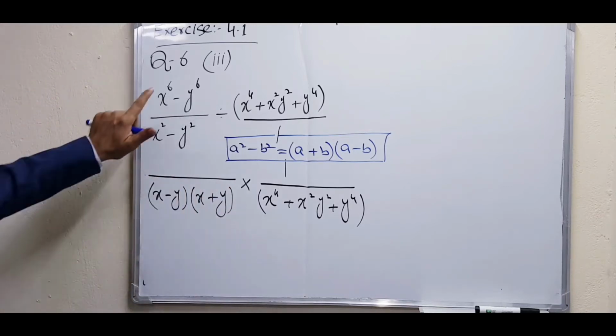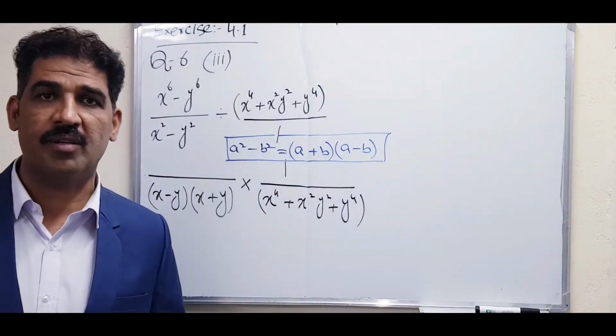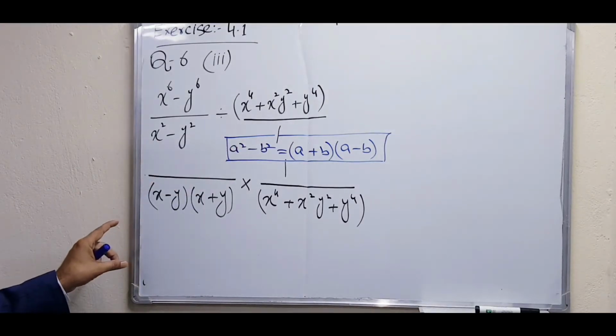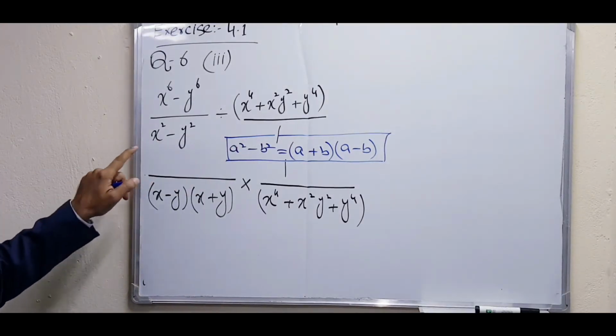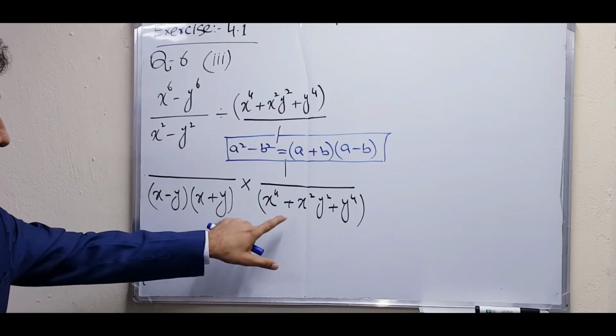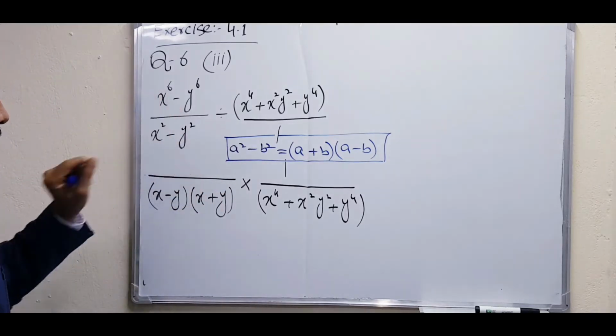Finish. Here you can apply the two formulas, but first I want to use the formula of a square minus b square. So we don't use that formula here. Here we will use the formula of the cube.